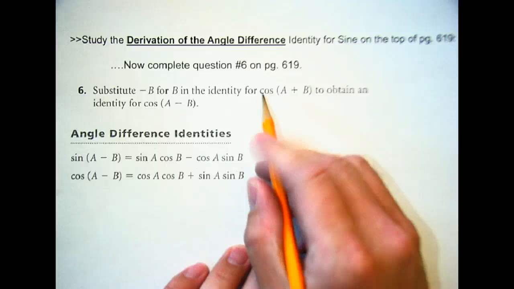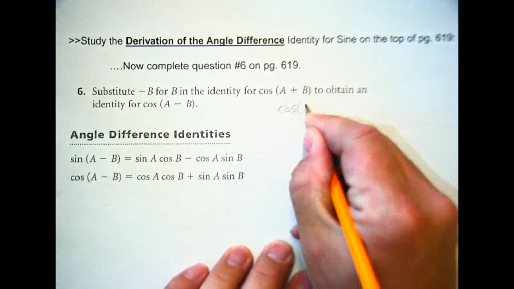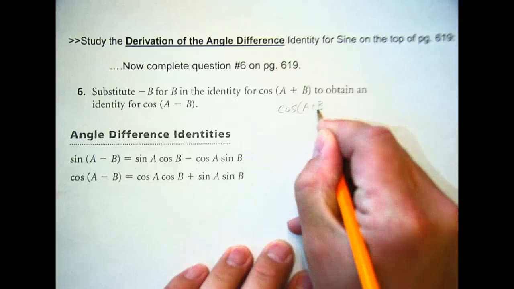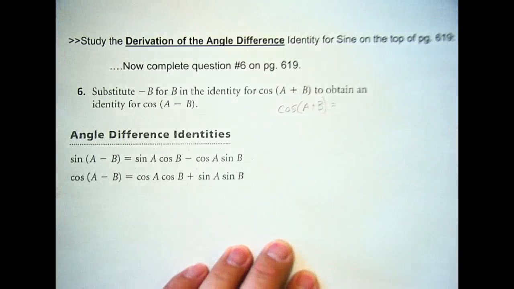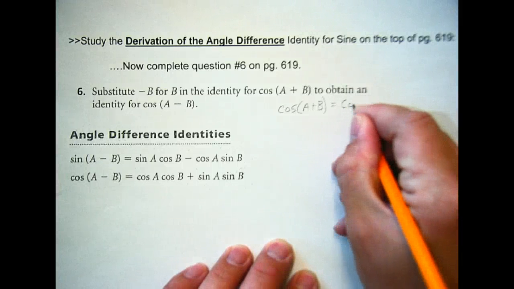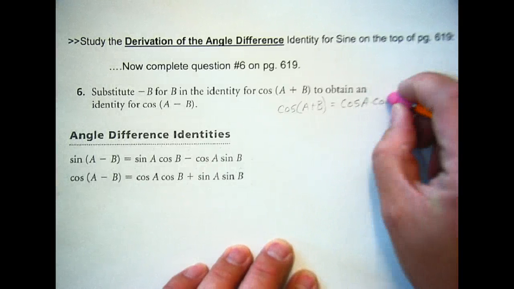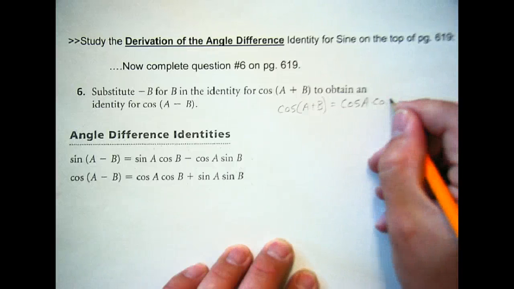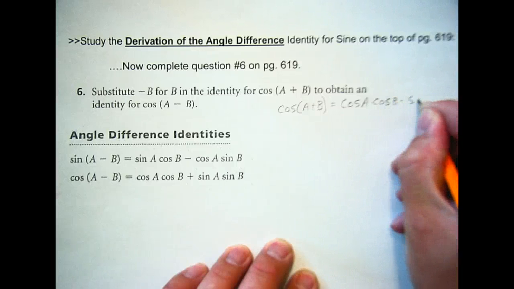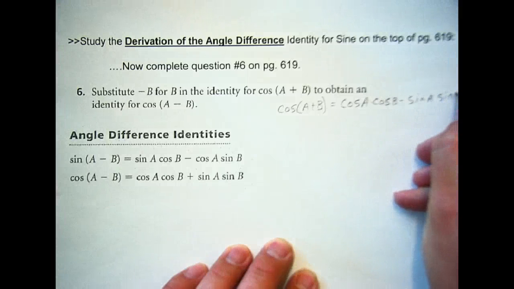So what we're doing here is we know cosine of A plus B equals, what does it equal again? Someone besides Riley this time. Jacob, what do you got? Cosine A times cosine B plus sine, or no, minus sine A sine B. Okay. All right.